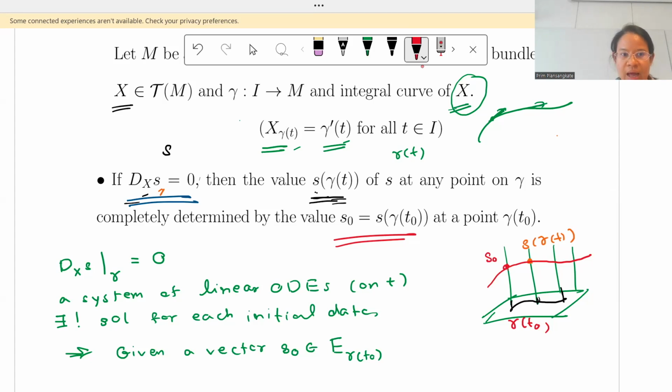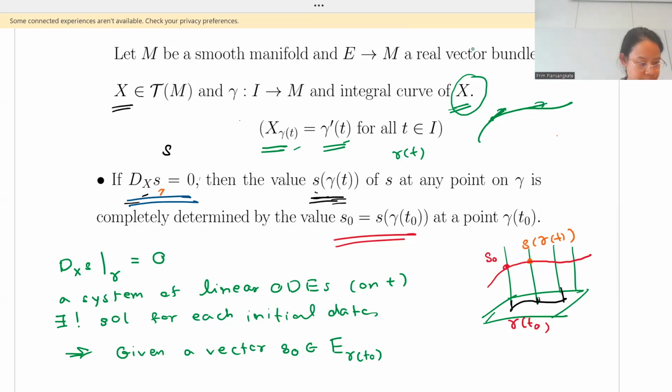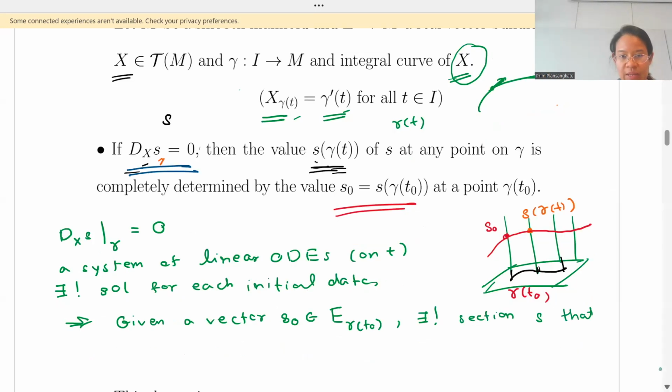So this means if S is a solution, the value at any point is completely determined by the initial value. There exists a unique section S that is determined by S naught, that is, a section S that satisfies the above equation.